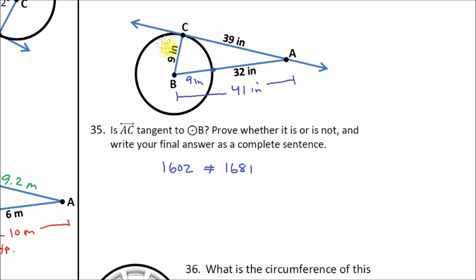And now you've got your leg, and this is your hypotenuse. When you set up the Pythagorean theorem, you will get an equation that is not true, and therefore you're going to write your proof that line AC is not tangent to circle B because triangle CAB is not a right triangle. Make sure you write out that full sentence to get credit for this worksheet.